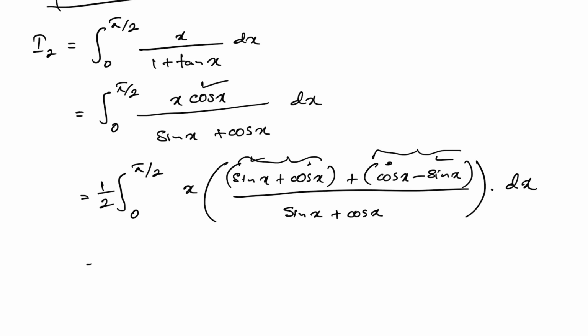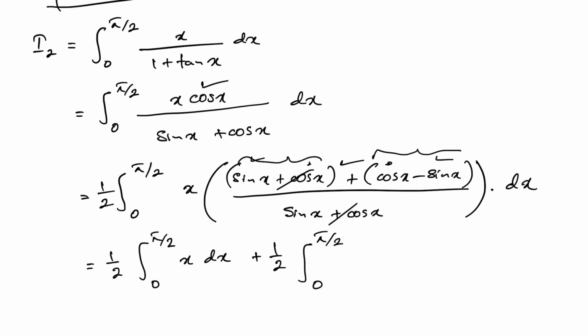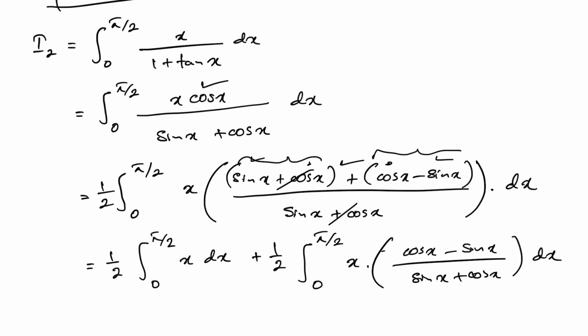So here 1/2 integral from 0 to pi over 2, and this part and this part get cancelled, so we have x dx. Then plus 1/2 integral from 0 to pi over 2 of x times (cosine of x minus sine of x) over (sine of x plus cosine of x) dx.